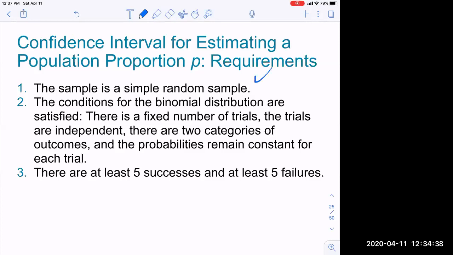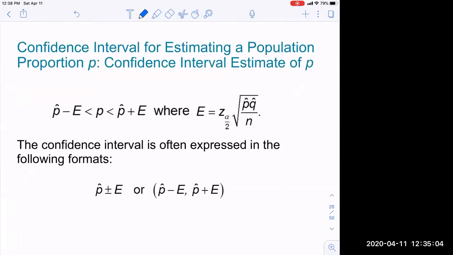Simple random sample. The binomial distribution, that's usually with proportions because it's either do you have Facebook or do you not, so it's yes or no. And this hardly ever comes into play because usually the sample sizes are large enough, we don't worry about that. There it is.